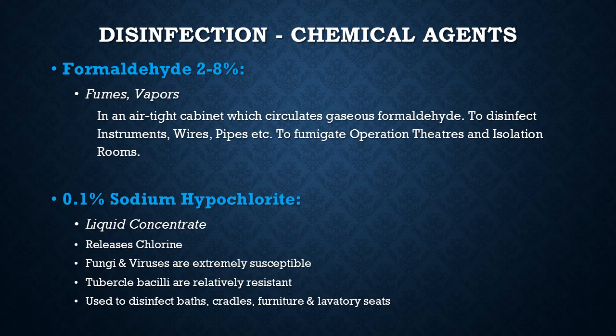2 to 8% formaldehyde is normally used in the form of fumes or vapors. It is a pungent liquid, and therefore it is used in airtight cabinets where the gaseous formaldehyde is circulated. The fumes or the vapors of formaldehyde are circulated, and these disinfect the instruments, wires, pipes, etc. And these fumes or vapors can also be used to fumigate operation theaters and isolation rooms.